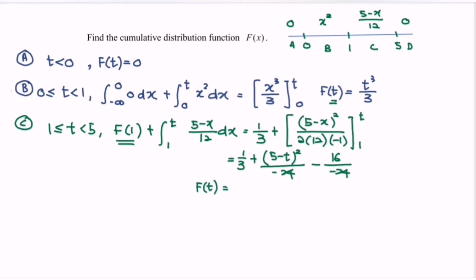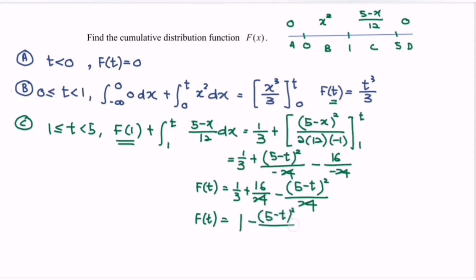Then we will have 1 over 3 plus 16 over 24 minus (5 minus t) squared over 24. If we simplify the situation, F(t) is equal to 1 minus (5 minus t) squared over 24. So that will be the situation for part C.